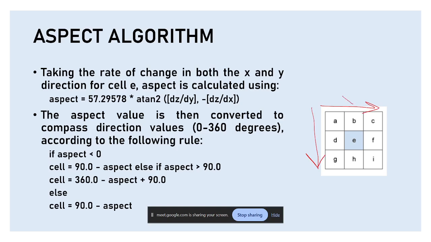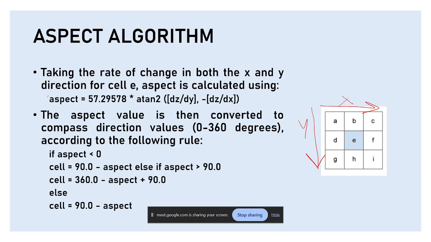So both in x and y direction it will see, and then it will make use of this formula for calculating the aspect. The rate of change is what is shown here, dz by dy minus dz by dx. That is basically the third one, like x, y, z that you have, horizontal, vertical, and this is sort of like the three-dimensional aspect.